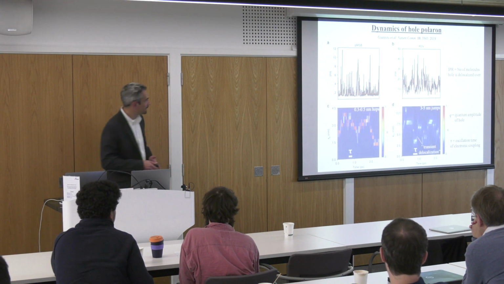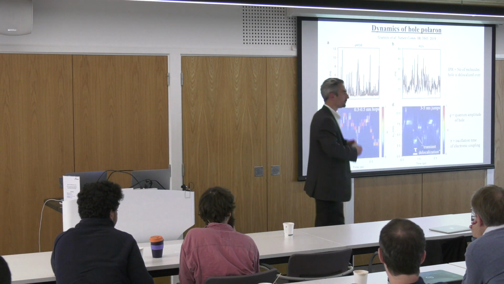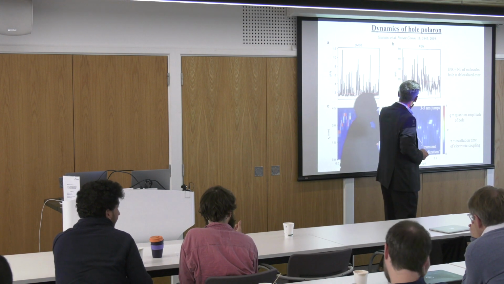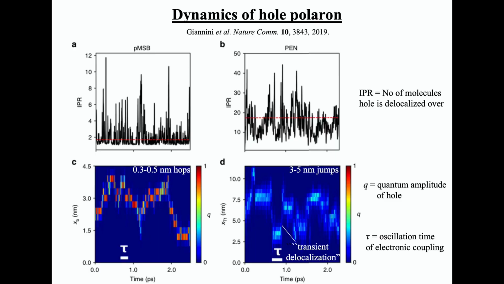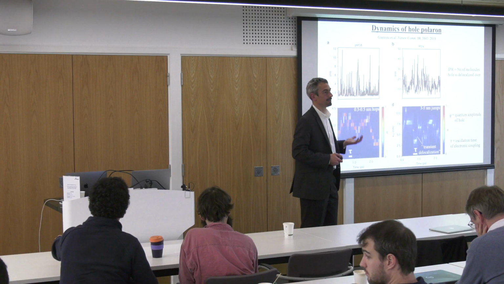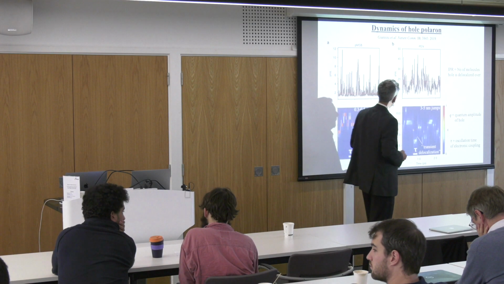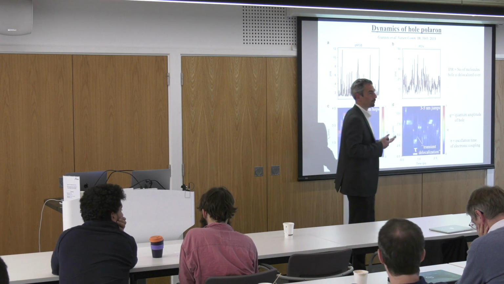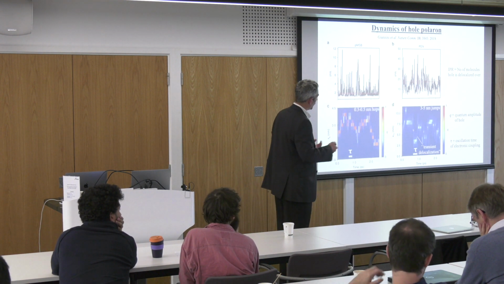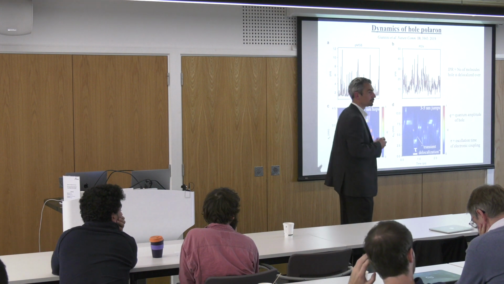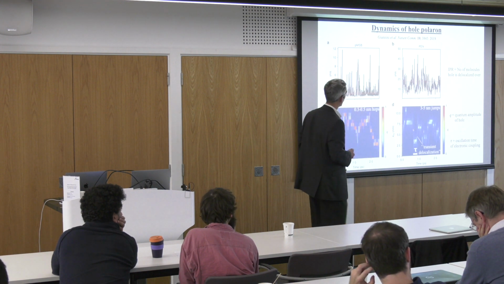Now, again, the situation in pentacene, where it forms this very large polaron, is different. So you see here that already the states close to the ground state are more delocalized, and on average the polaron size is 18, and this is in very good agreement with electron spin resonance data, which were also interpreted that the charge is delocalized over between 10 and 20 molecules.